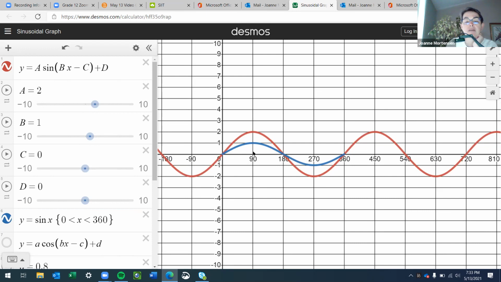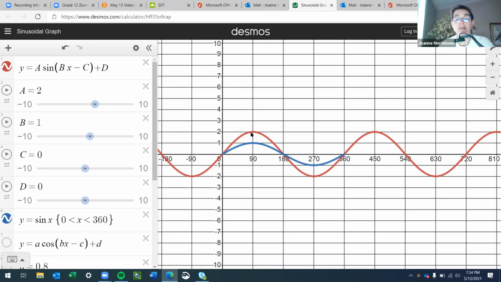You can see what's happened is the maximum got bigger and the minimum got bigger. I just think of it as the graph got taller. And not only did it get taller, what's really cool, if this is 2 over here, this now has an amplitude of 2. Remember, we have our midline, and the amplitude went up to 2.